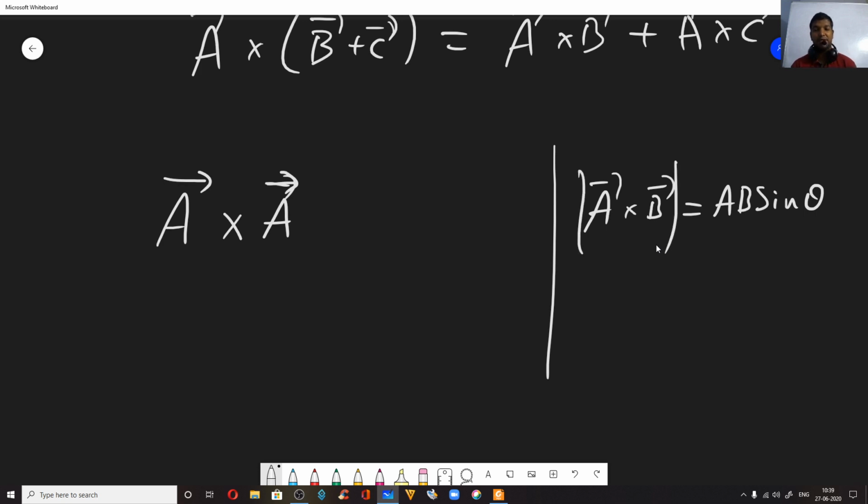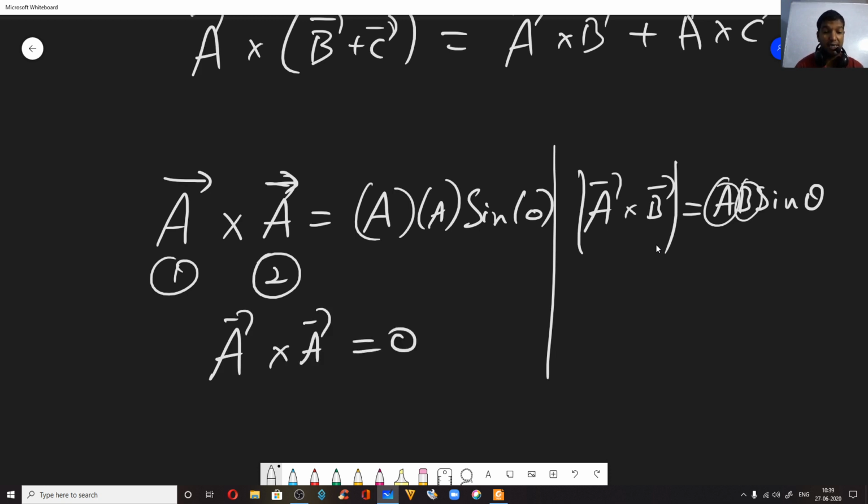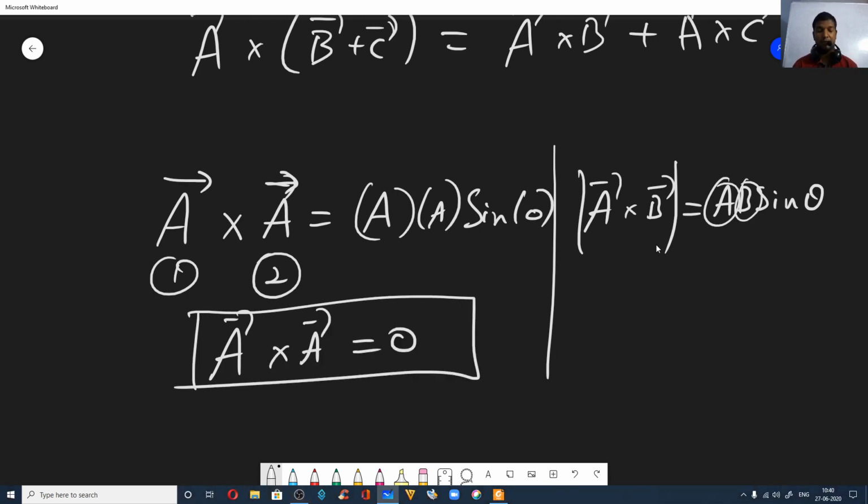That is the first vector magnitude, second vector magnitude, sine of the angle between them. First vector is A, and the second vector is also A. Now what is the angle between the vector and itself? It will be 0, correct? So sine 0 is 0. Therefore A cross A will be 0, right?